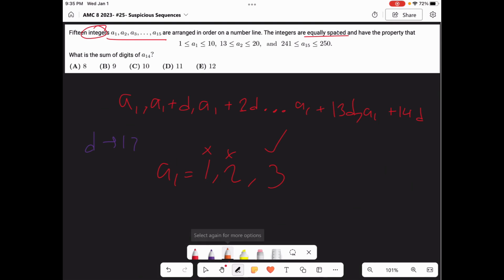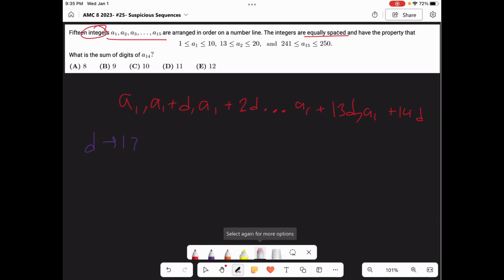Well, here's where A2 comes in. Now, A2 is nothing but A1 plus D. We already got that, it's 17. So if A1 is going to be 3, we can plug in 3 here. 3 plus 17, that's 20, and that does work. But anything above 3 wouldn't work because it would be more than 20. So our A1 is definitely 3.